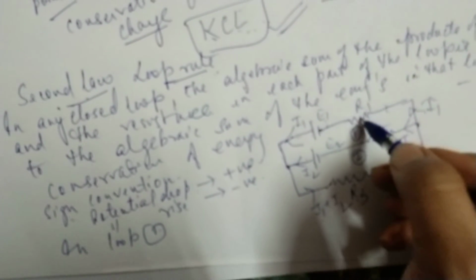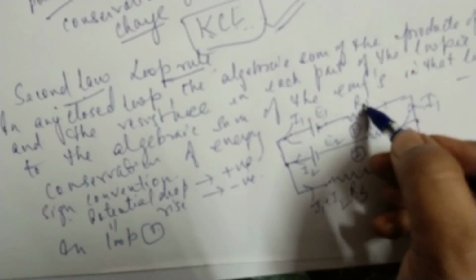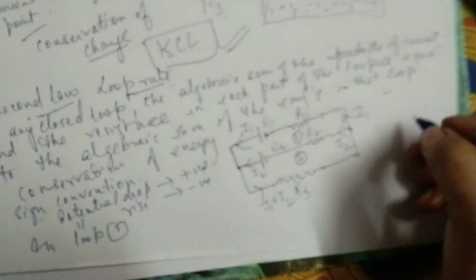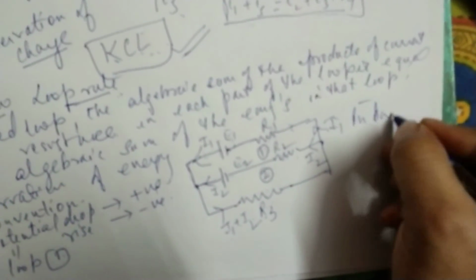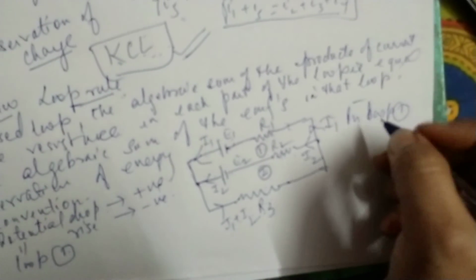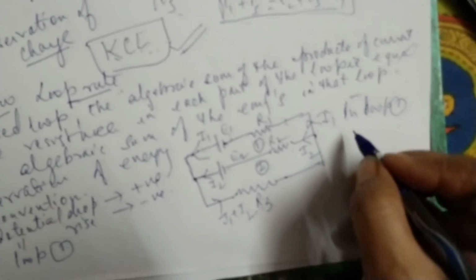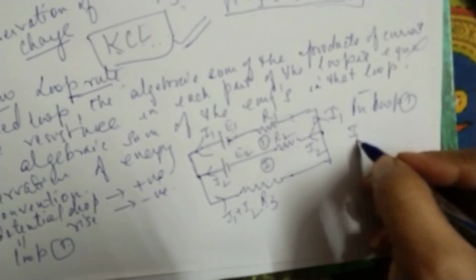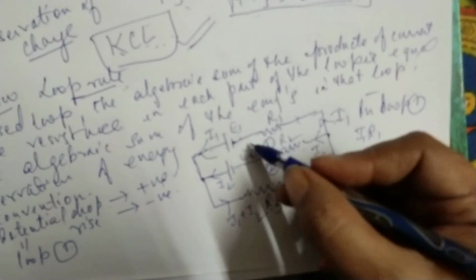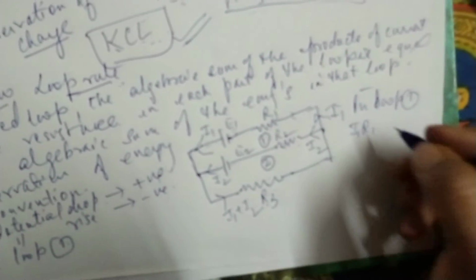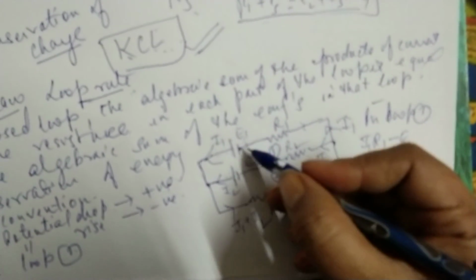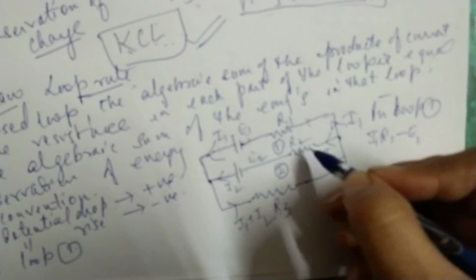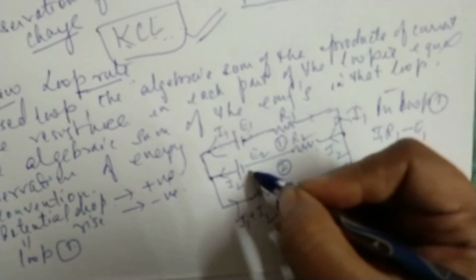but here in this case it is just in the opposite direction. So if I apply the general sign convention, we are writing for loop 1. In loop 1, we have I1 R1, and here it is minus E1. In this case it should be plus I2 R2, and it should be minus.